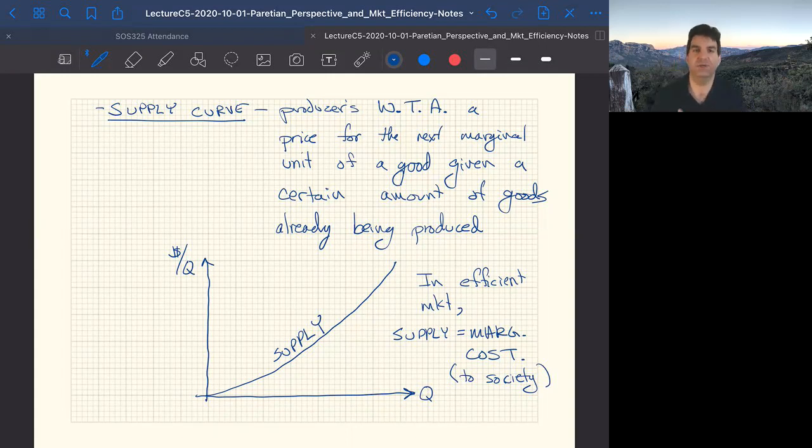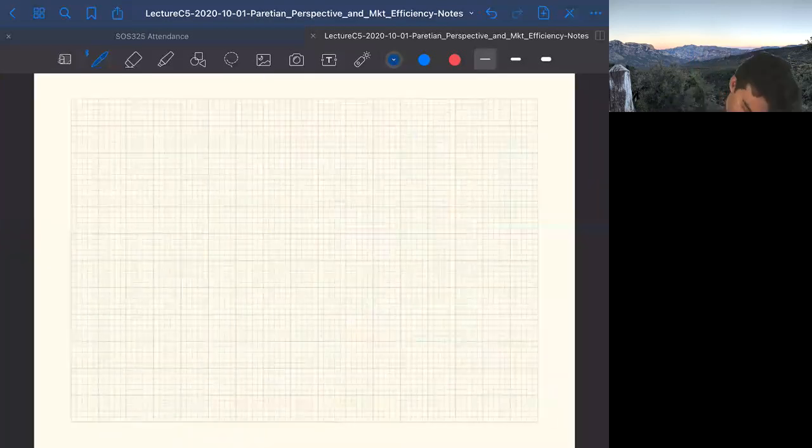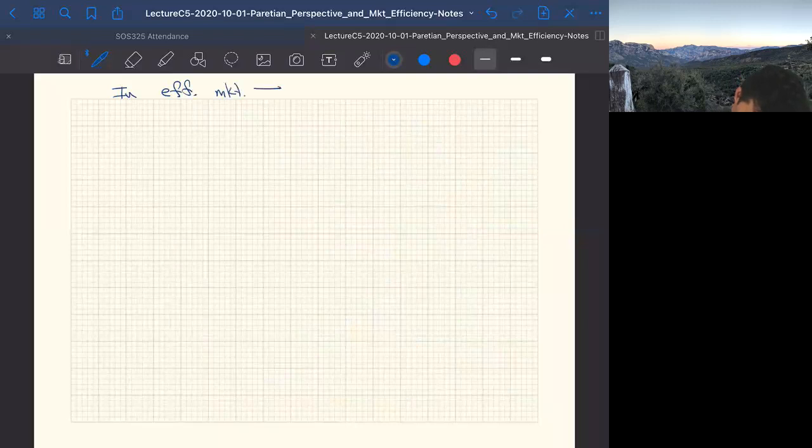So society's marginal cost curve will be greater than your supply curve, and that would be an inefficient result. But in the efficient market, these two things match, so marginal benefits equal marginal costs where supply equals demand.